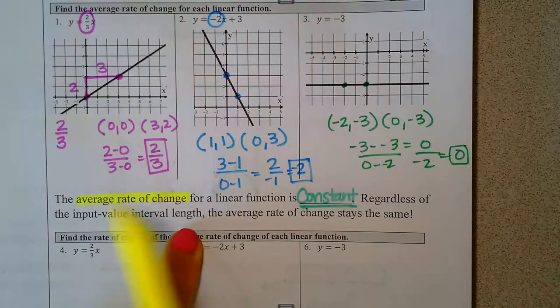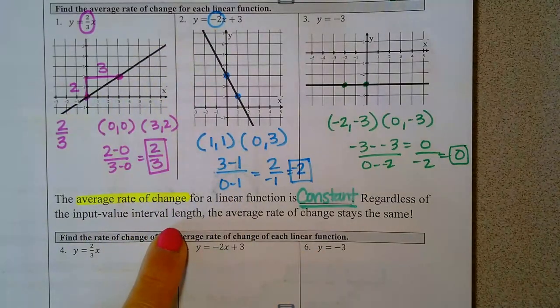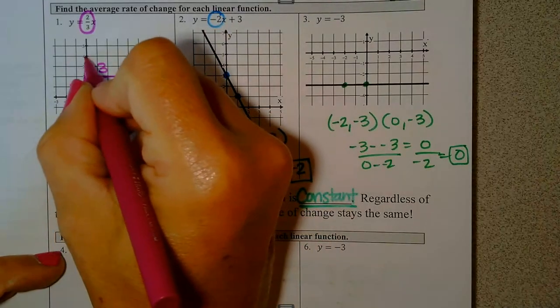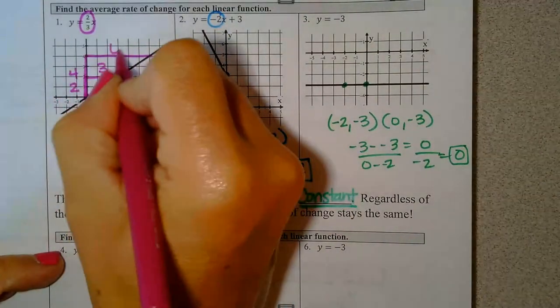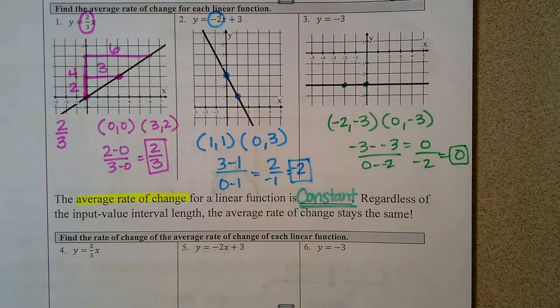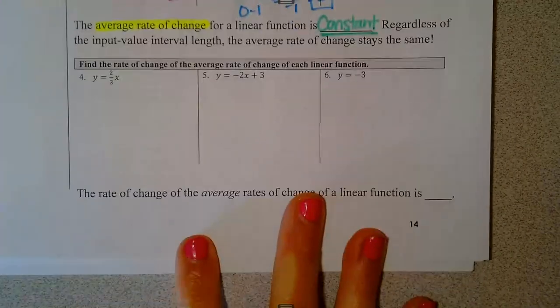So it doesn't matter how far apart I go. If I went up 2/3, if I went up 4/6, that's a different interval length, but the slope is still going to be 2/3 in that instance, okay? So for linear, it doesn't matter.